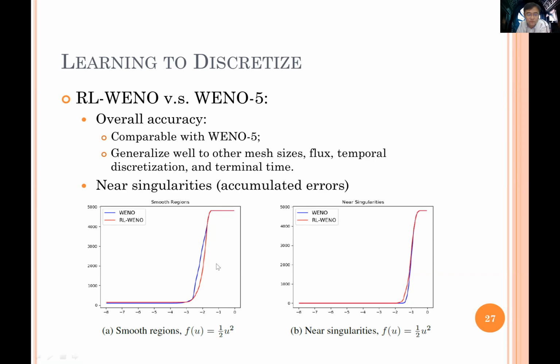In smooth regions, the RL doesn't really do better than WENO. This is what we expect because WENO 5 is optimal. But near singularities, even though it doesn't look that significant, statistically you can see that it is better than WENO.